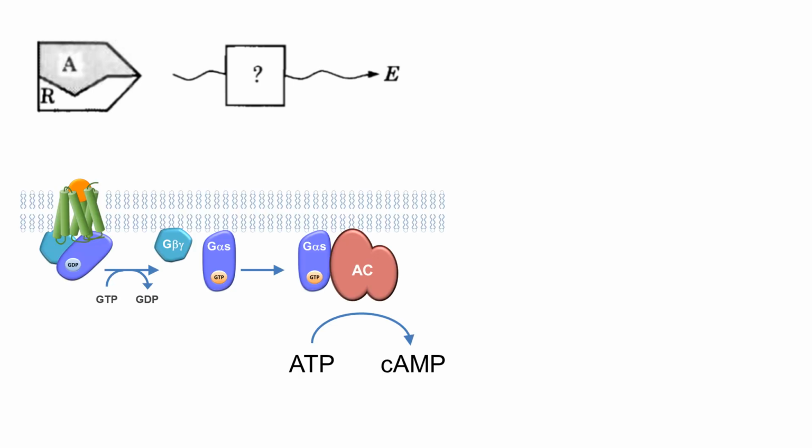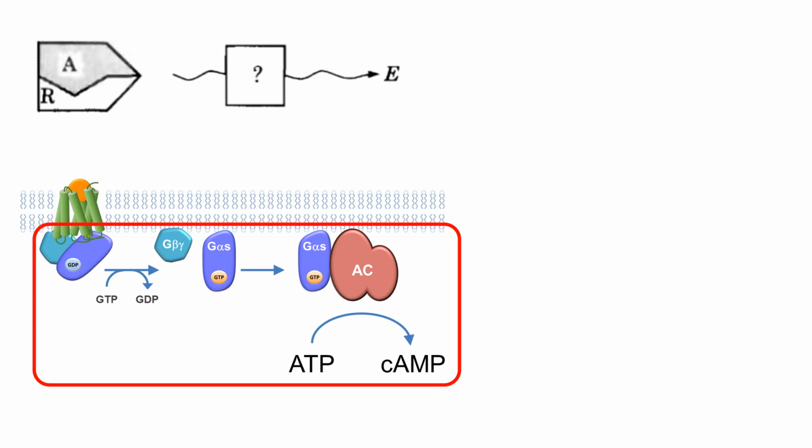This model makes total sense when we compare it with the known mechanisms of GPCR signal transduction. Here is a diagram of the mechanism of cyclic AMP generation stimulated by a GPCR. The agonist-receptor complex here couples to the signal transduction machinery. In this example, the signal transduction system consists of the Gs protein and adenylyl cyclase.